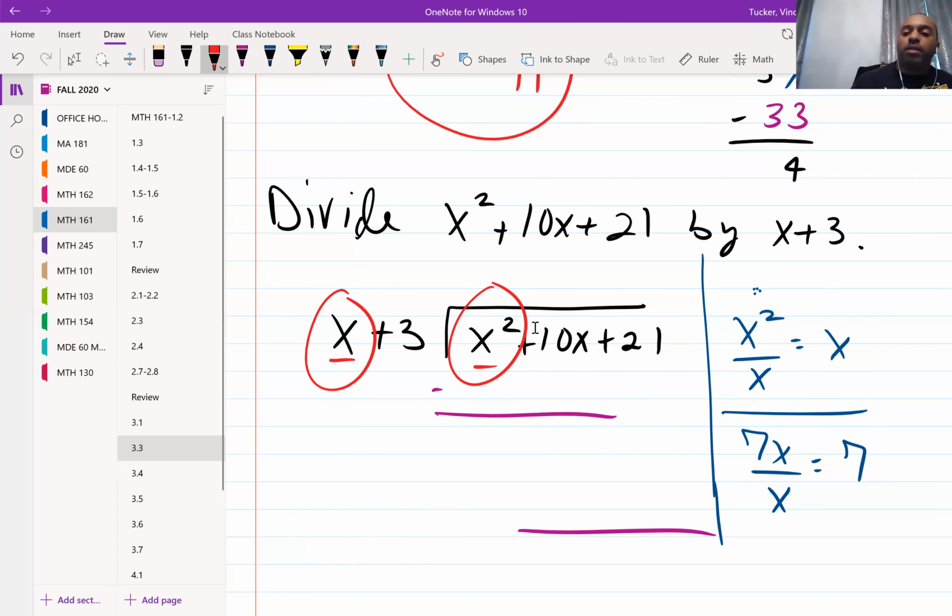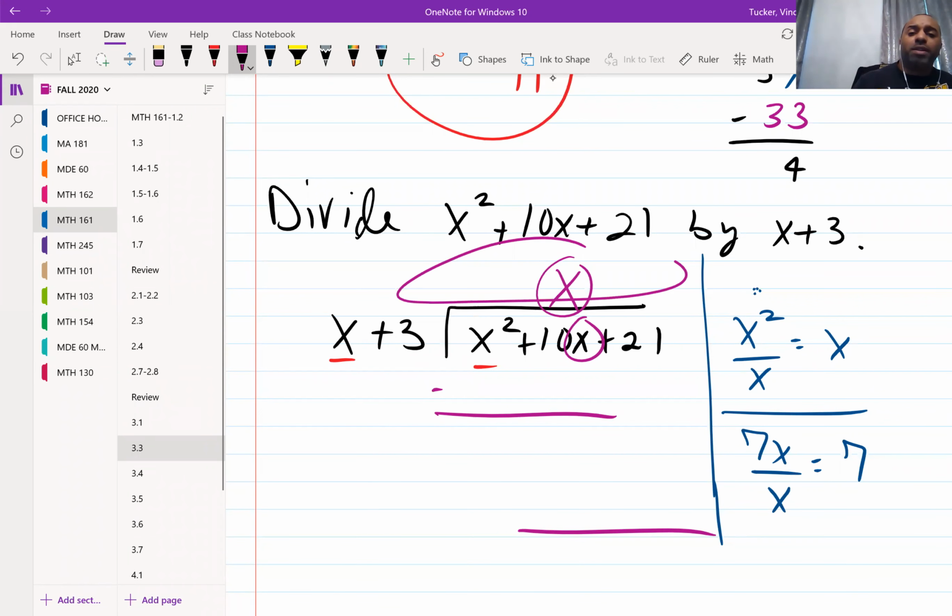We see that the answer should be x, and normally we line it up with the same exponent on your variable. It doesn't matter because all of this space is for your answer.